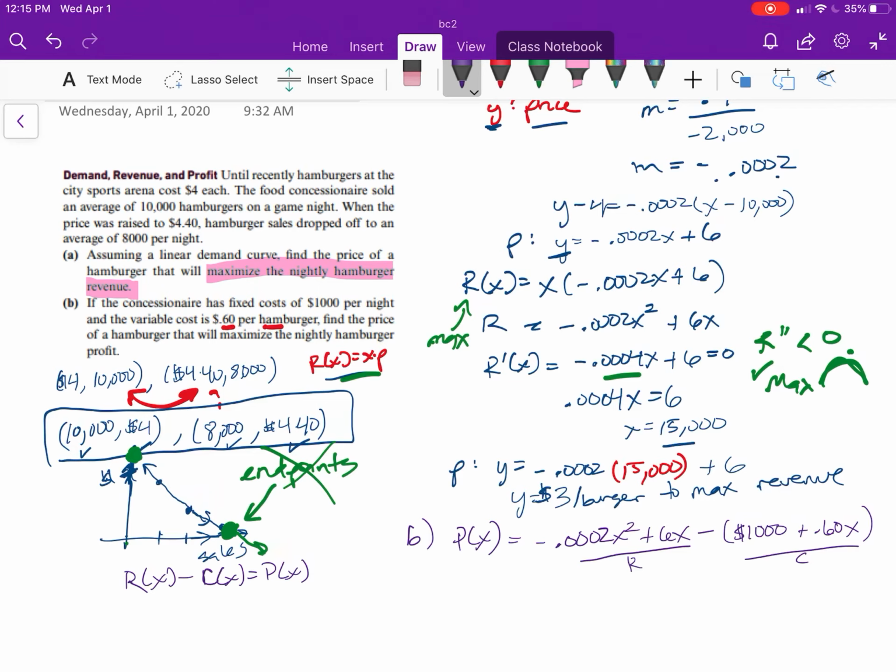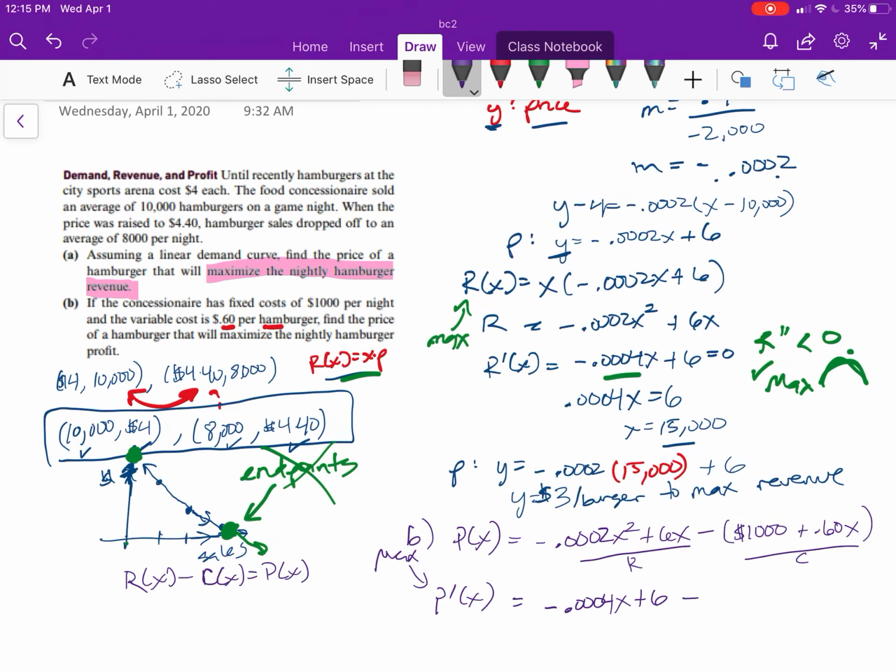Now we need its derivative because we're trying to maximize profit, right? And this derivative for revenue I did above. So rather than combining like terms, let's just take the derivative we had above, negative 0.0004x plus 6. But now we have this cost.